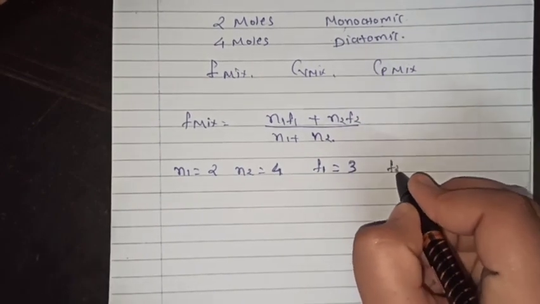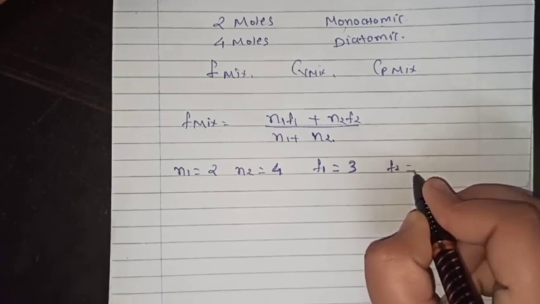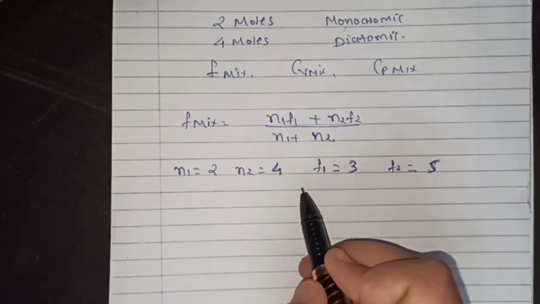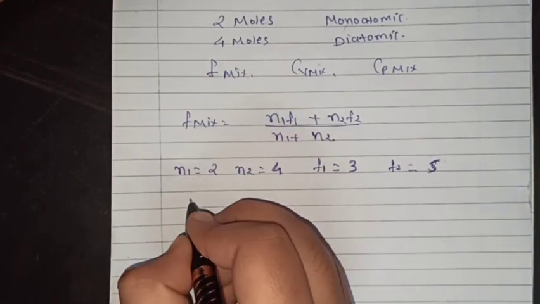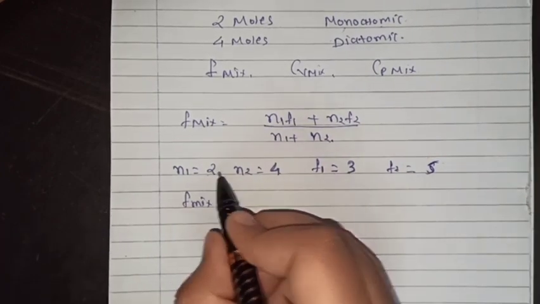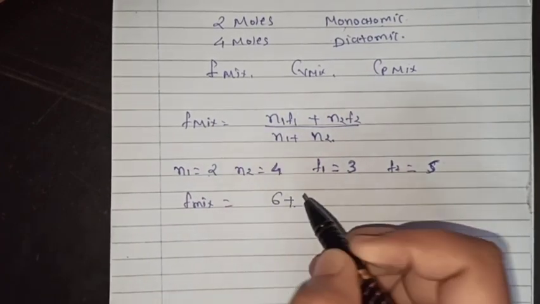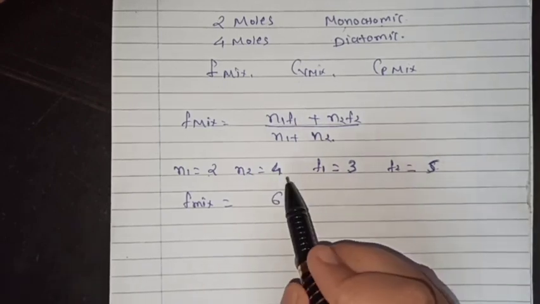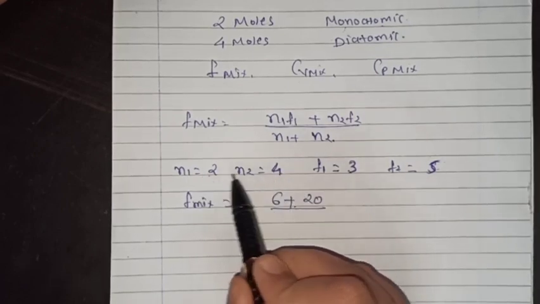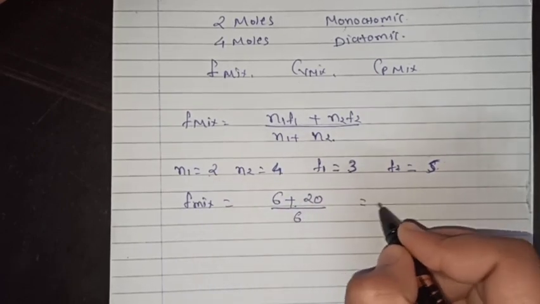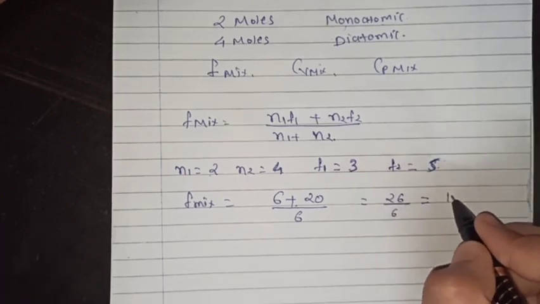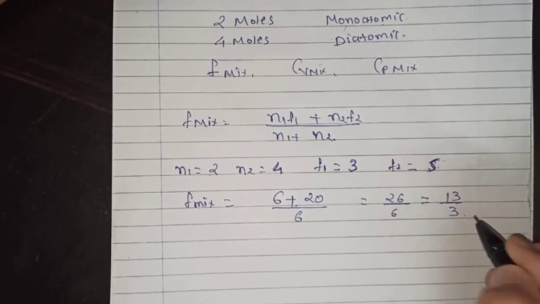For diatomic gas, there are 3 translational and 2 rotational, so total 5 degrees of freedom. Put the values in this equation. So F mixture will be N1 F1, that is 2 into 3 equal to 6, plus N2 F2, that is 4 into 5 equal to 20, divided by N1 plus N2, that is 6. So it will be 26 by 6. This will give us the answer 13 by 3.